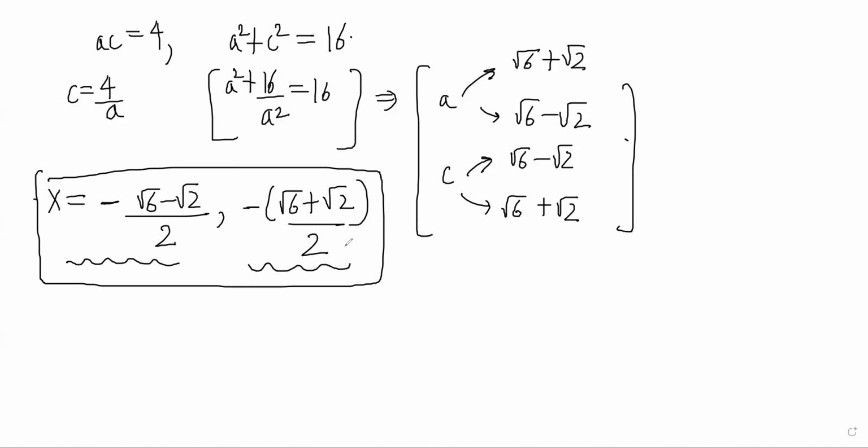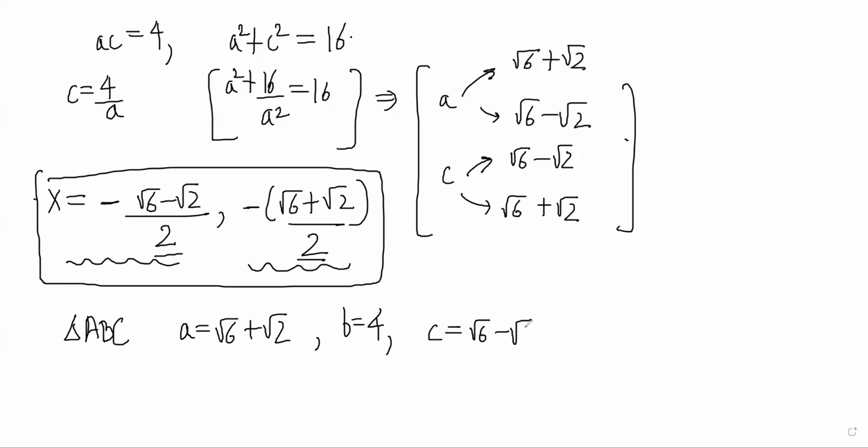Right? Now, we know a particular value of x has to be either this or this. So, what you can do is verify whether these values satisfy the condition or not. You can say that you have a right triangle ABC inscribed in a circle of radius 2 and A is root 6 plus root 2, B is 4, C is root 6 minus root 2.